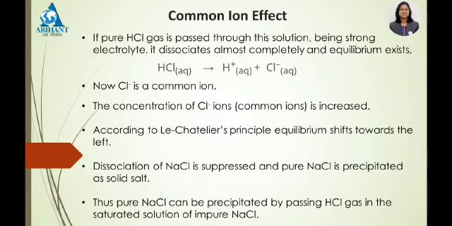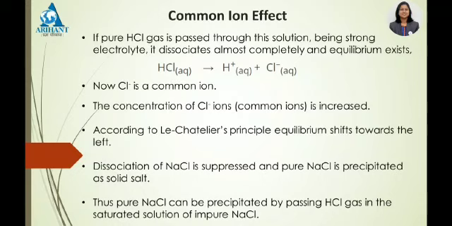Now if pure HCl gas is passed through the solution, being a strong electrolyte, it dissociates completely. So we get HCl gives you H+ ions plus Cl- ions. Now the Cl- ion is common ion, so the concentration of Cl- ion is increased.